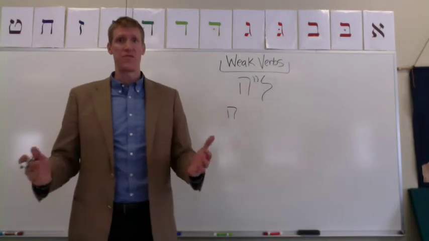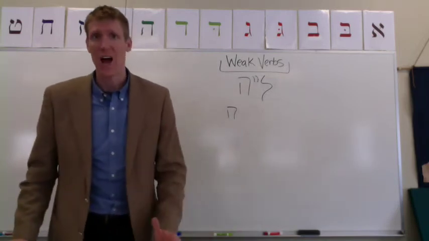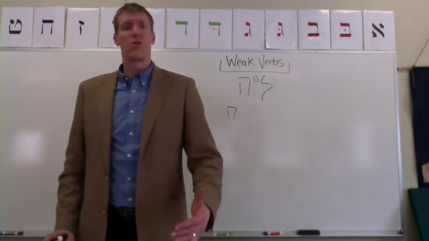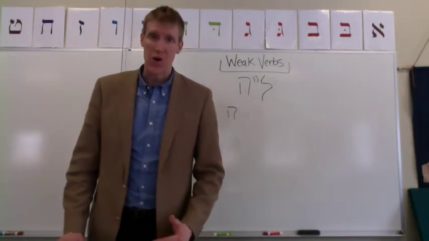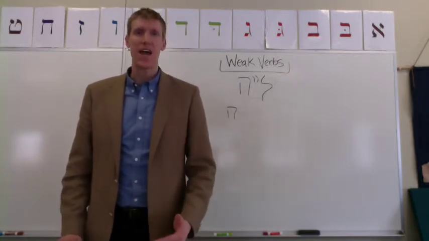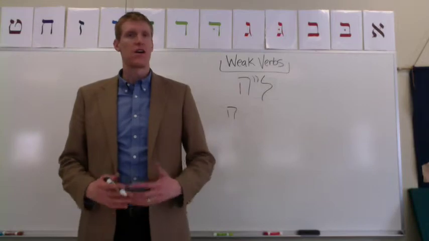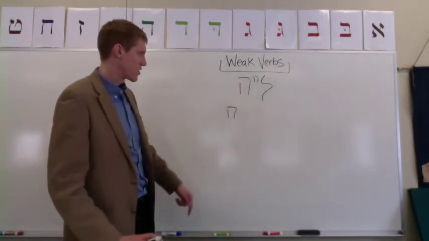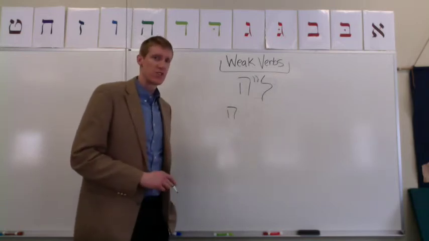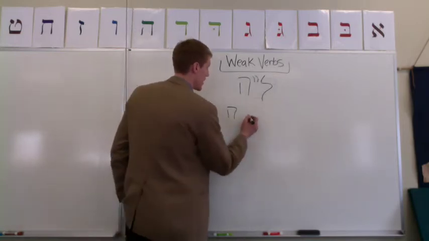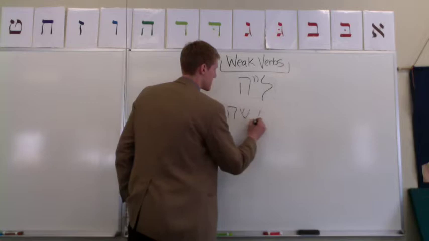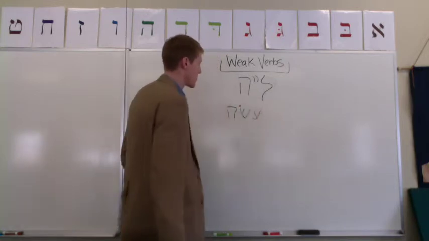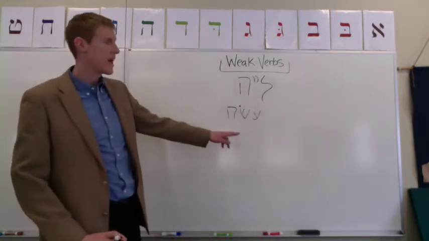For instance, a feminine singular construct and a noun, right? You remember when you have a feminine singular noun that ends in a kametz hey, when that gets in construct, it turns into a tav. Well, the same is true here. The hey often will turn into a tav. So let's use asa again. So here's our verbal root, ayin, sin, hey.